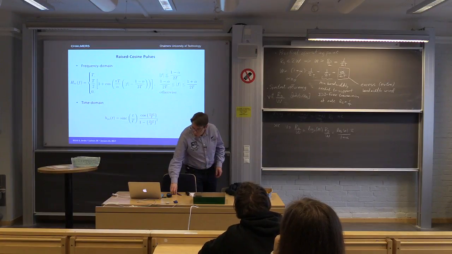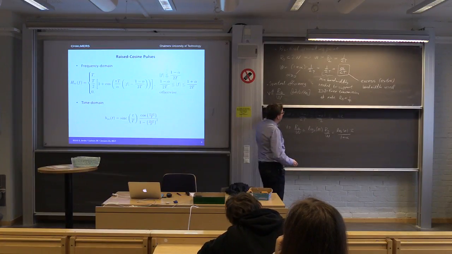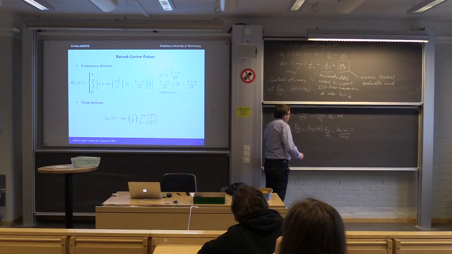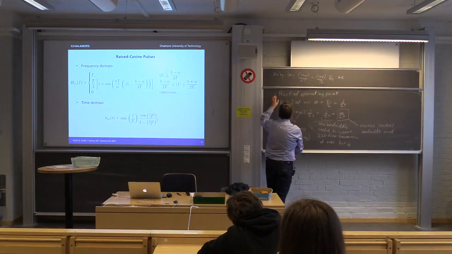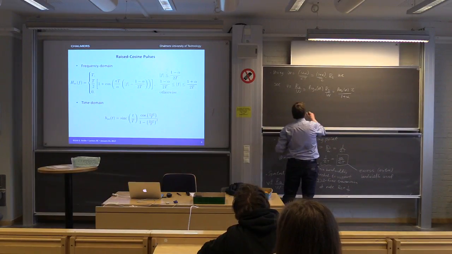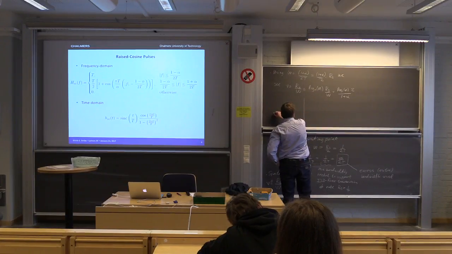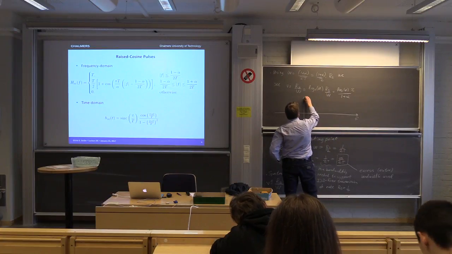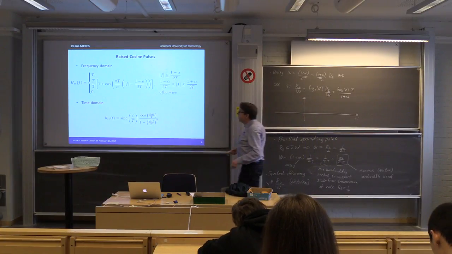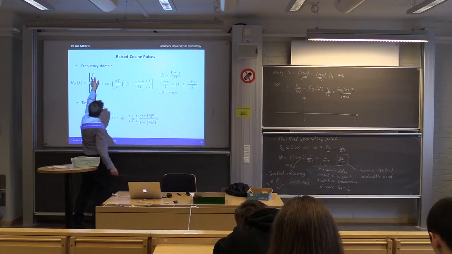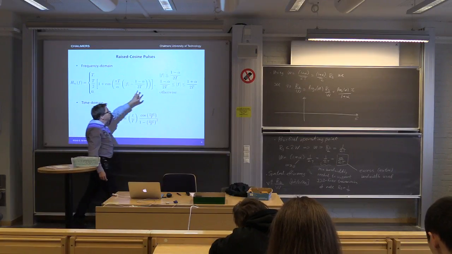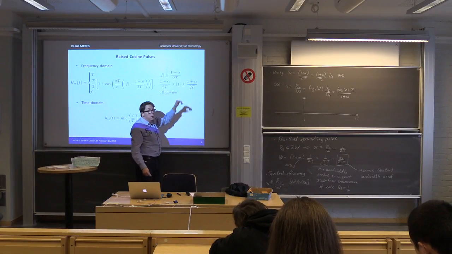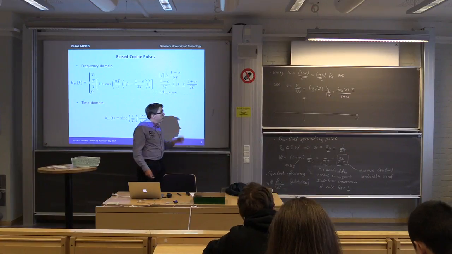So should we draw the raised cosine pulse? So let's draw that in frequency. So we have the frequency axis here. And we see here the first part is very easy. It's just a constant equal to T for all frequencies less than (1 minus alpha) over 2T.